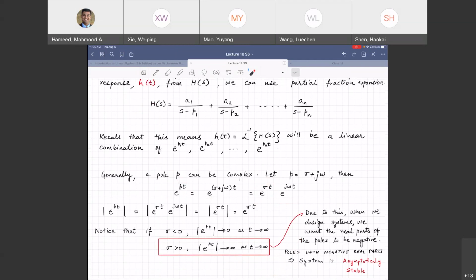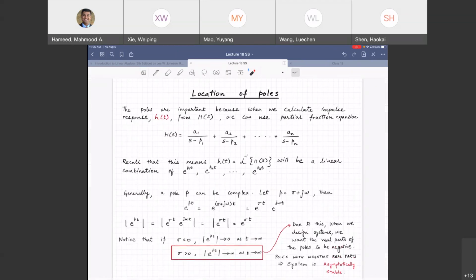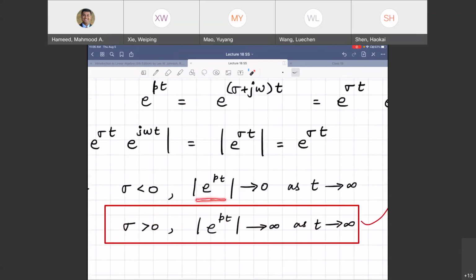If it is negative, then that exponential will be going down, indicating stability. You see that? So you have sigma less than 0, making the absolute value of e to the pt converge to 0, right? Decaying exponential as time grows. So that's good. That's stability.